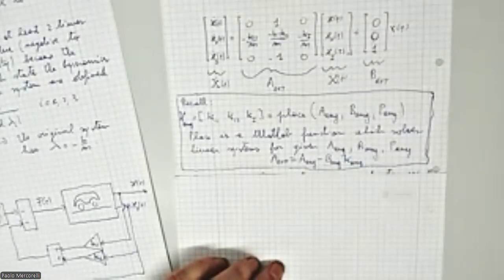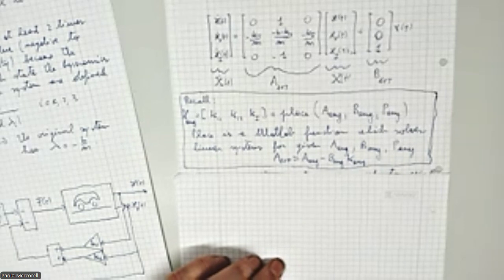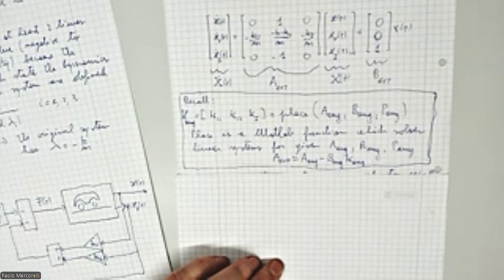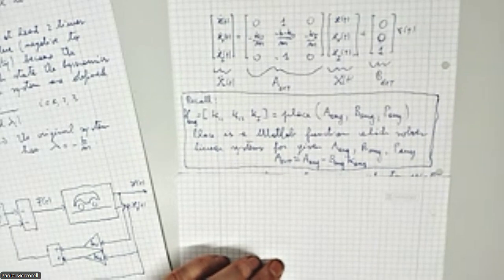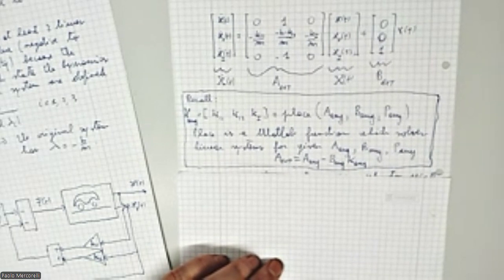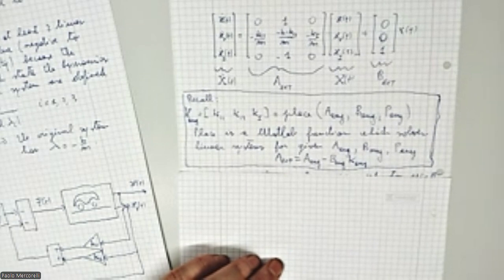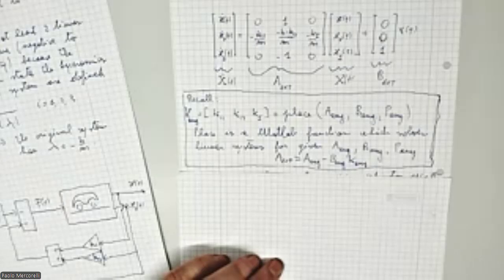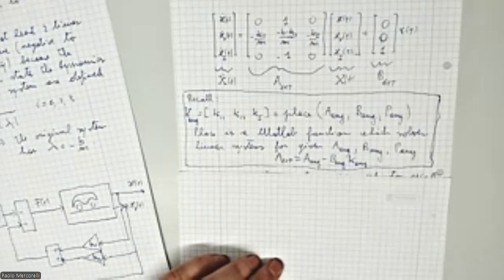I can, do you remember, fix the speed of the system. The speed of the system means the speed of the response. If I have to reach 1 meter per second as a velocity, I can decide to reach 1 meter per second in 1 second, or I can decide to reach 1 meter per second in 10 seconds.